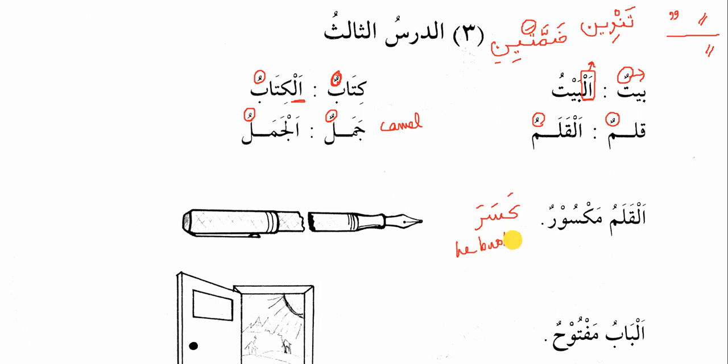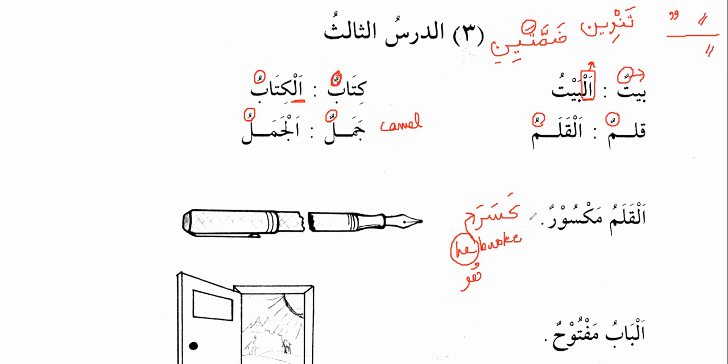In all the past tense Arabic verbs, there is a he pronoun hidden. So whenever you come across Arabic past verbs like kasara, dhahaba, jalasa, meaning he broke, he went, he sat, there is always a he hidden, a damir huwa always hidden in the past tense.